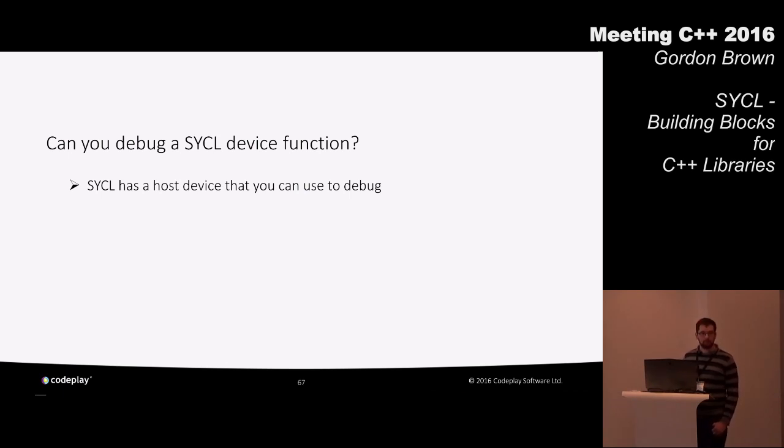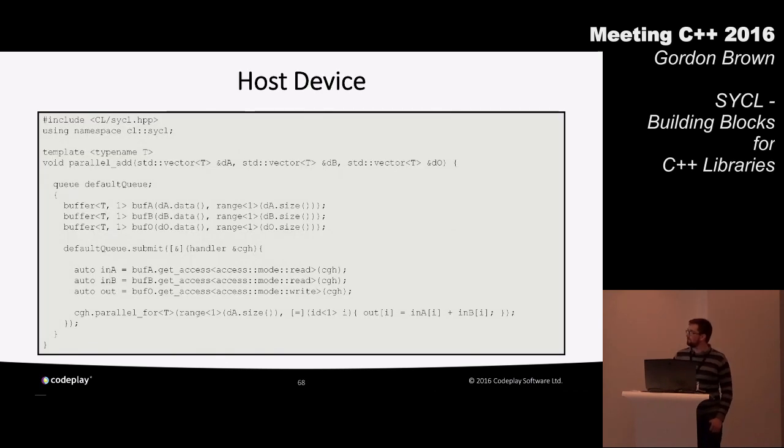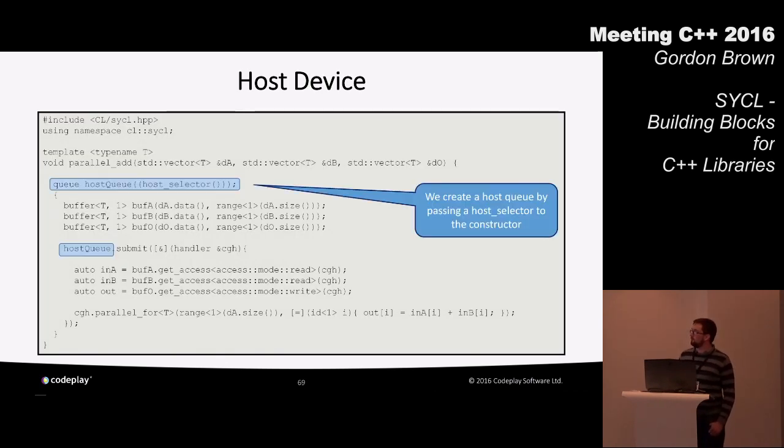It actually executes in C++, but it follows the same execution model and memory model as OpenCL. So although you can't debug on the device itself, you can debug your device code with the same guarantees that it will execute the same and return the same result. The way you do this is you simply construct your queue from a host selector. The host selector is another one of SYCL's built-in selector types. It simply returns the host device.